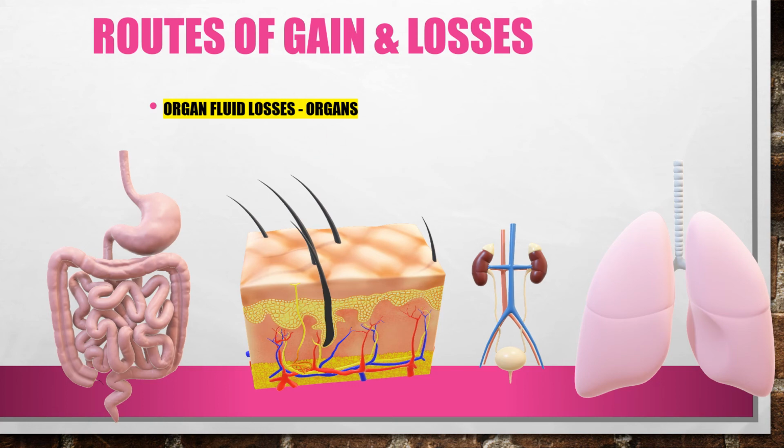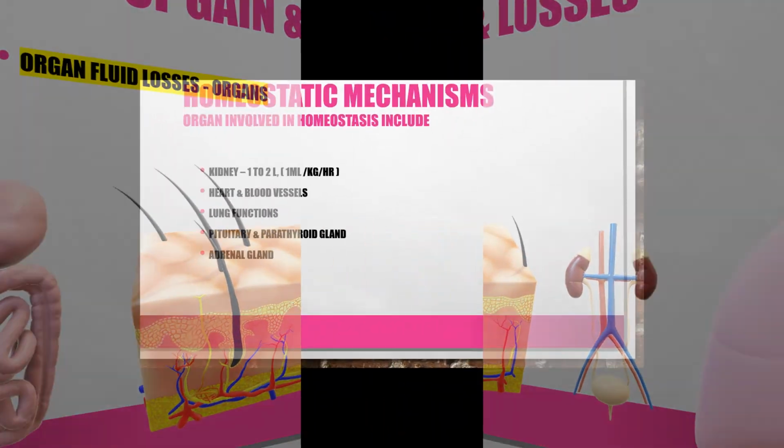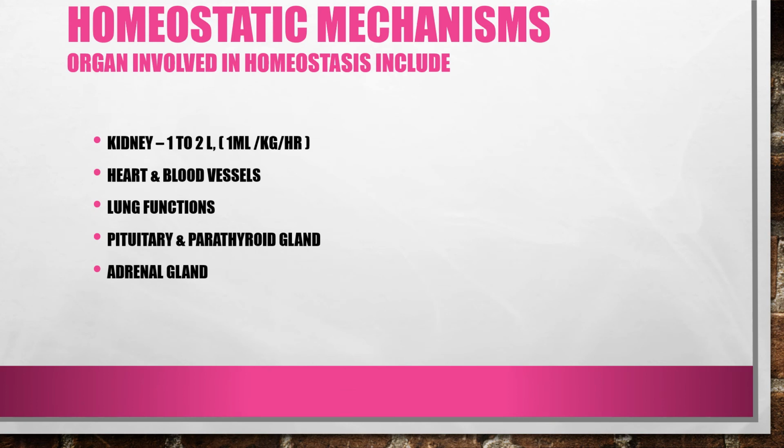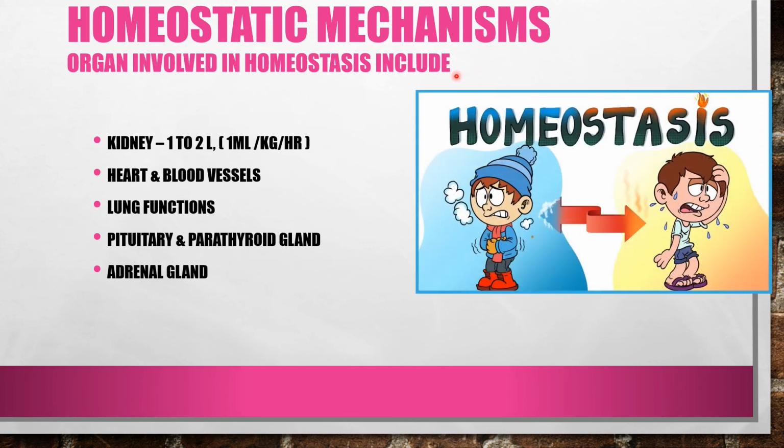Fluids and electrolyte balance. The next one is the homeostatic mechanism. What is meant by homeostasis? Homeostasis means maintaining a constant internal environment. That condition we call homeostasis. Clear?